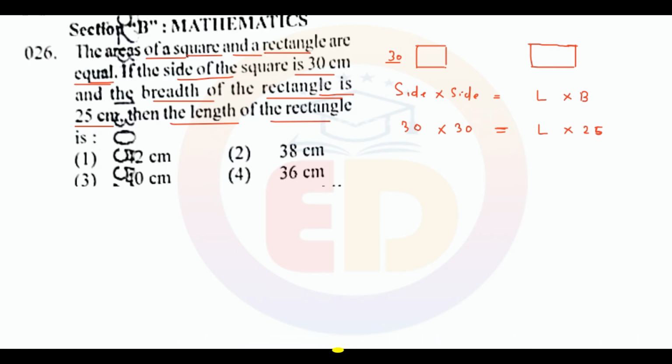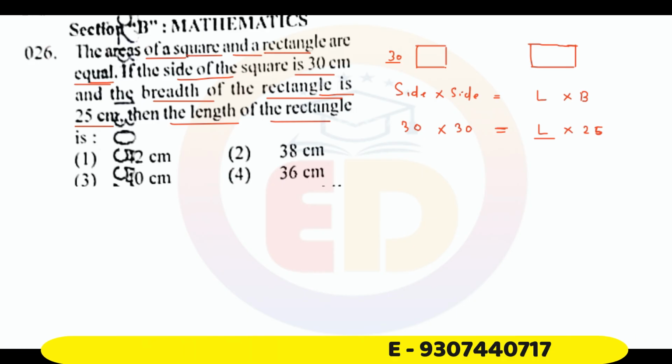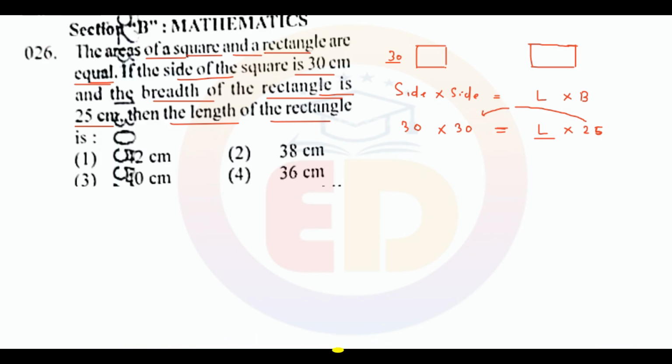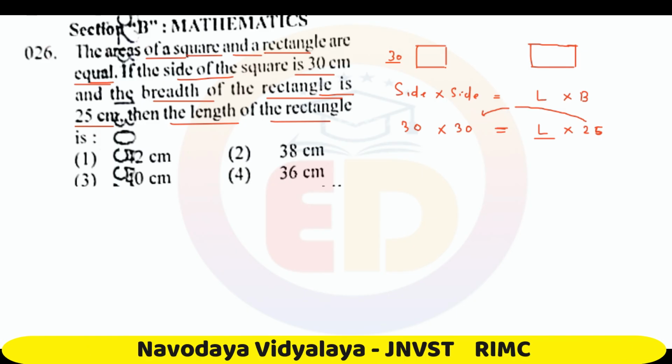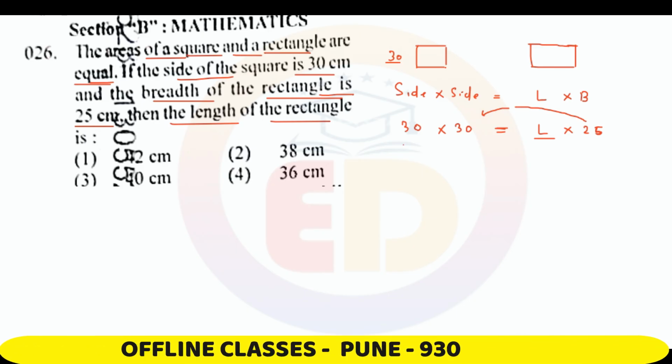Now they are asking to find out the length. To find out the length, we have to transpose 25 from right side to left side, and when it will go from right side to the left side, it will go into the denominator and it will divide these two terms, which is 30 into 30.